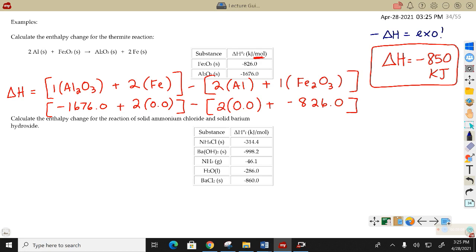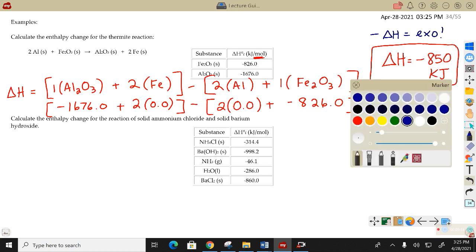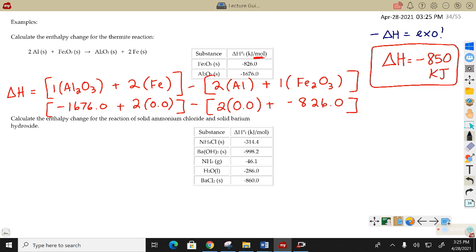Awesome. So let's try the second one then. Now this one's a little more complex reaction. I'll give you the balanced equation here. Okay, so the balanced equation would look like this. We've got ammonium chloride, 2NH4Cl, plus barium hydroxide.